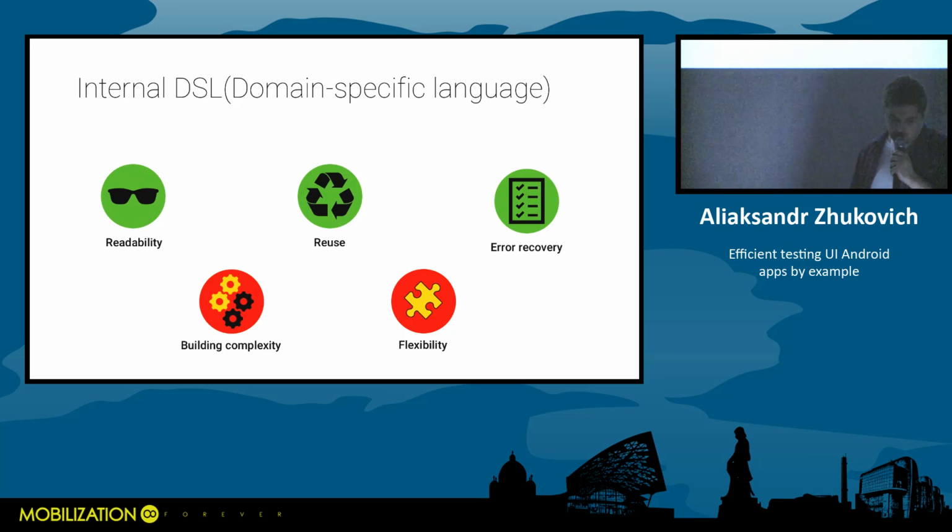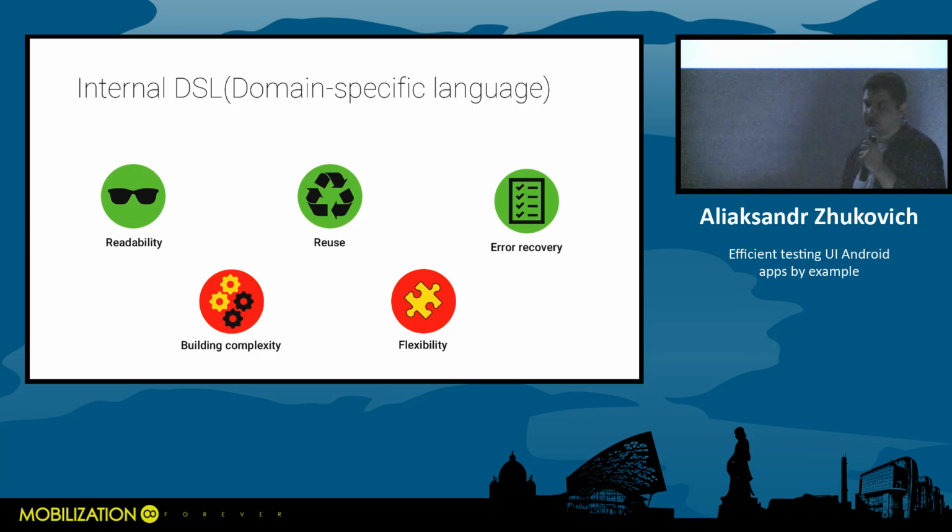But we have a few problems. First of all, it's building complexity, because from the very beginning it's pretty complicated to create a really great DSL. The main idea is that maybe at the beginning of your application, when you have just a few functionalities and a few screens, you would like to avoid a sign-in operation which will enter email, password, and do sign-in.